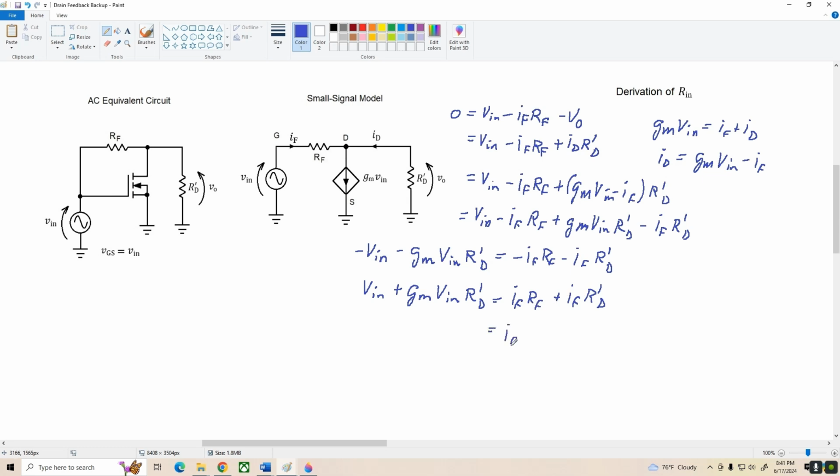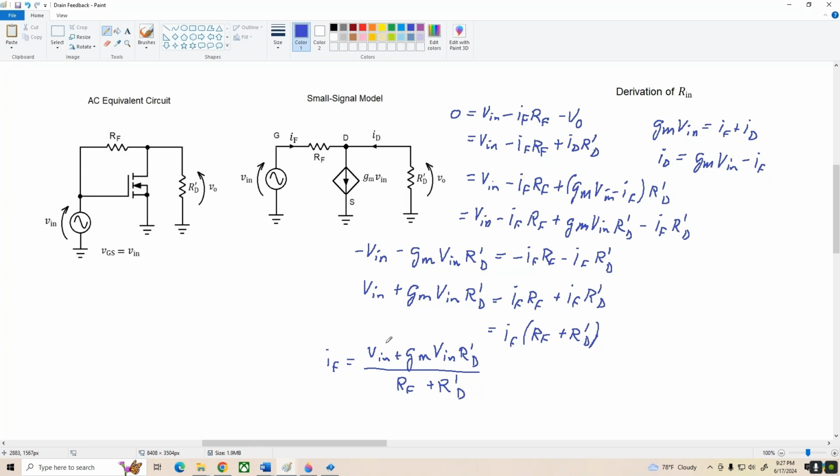So that gives us I sub F times RF plus R prime D. And finally, we divide both sides by the factor in parentheses, and we get I sub F equals V in plus gm times V in times R prime D, divided by RF plus R prime D.